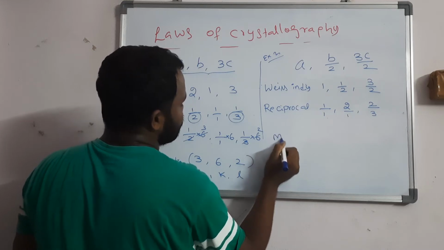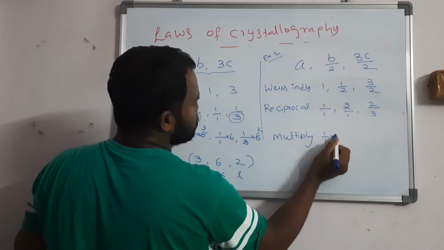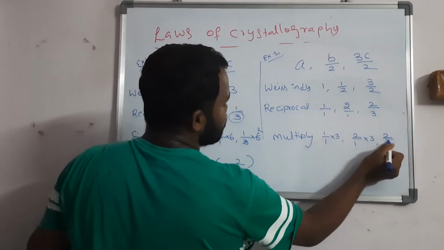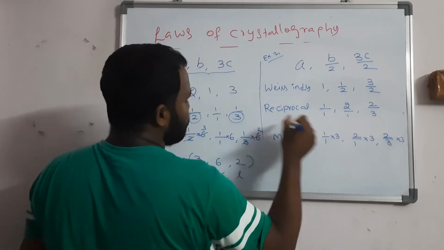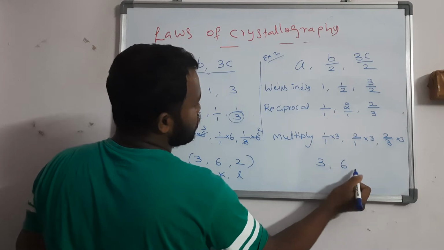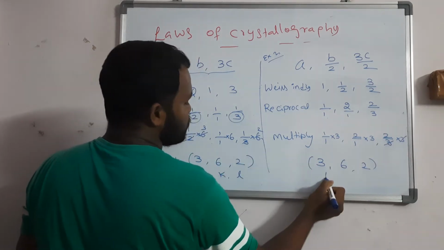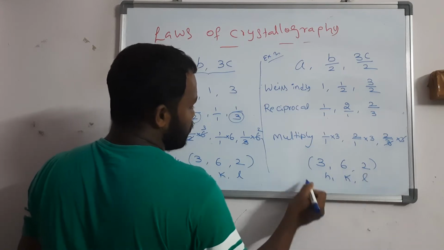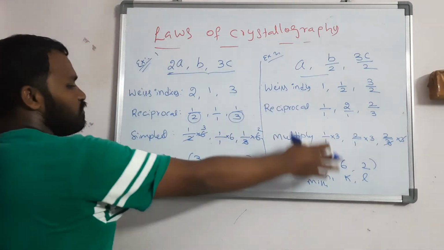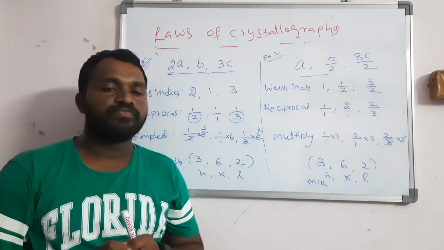So next multiply with 3: 1 by 1 into 3, 2 by 1 into 3, then 2 by 3 into 3. Multiply with all. Then you will get 3, 6, and 2, so 362. This is HKL, called the Miller indices. For this question too, the Miller indices is 362.